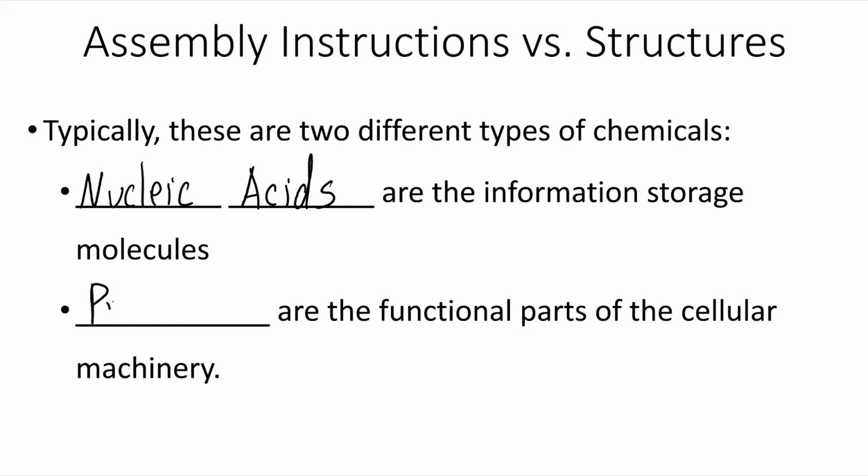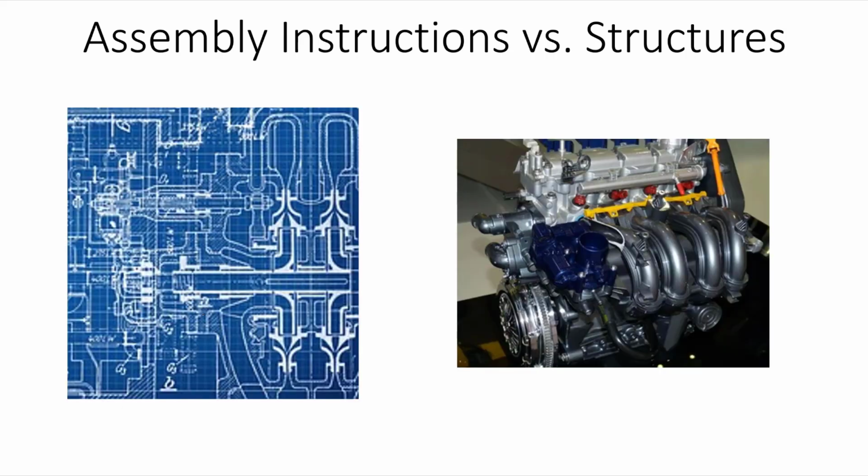These are the proteins. Proteins are complex and made of many parts, and it turns out that the nucleic acids are the instructions for assembling the proteins. You can think of the nucleic acids like the blueprints, and then the proteins are going to be the engines or the motors or the structures that are physically able to do the jobs within the cells.